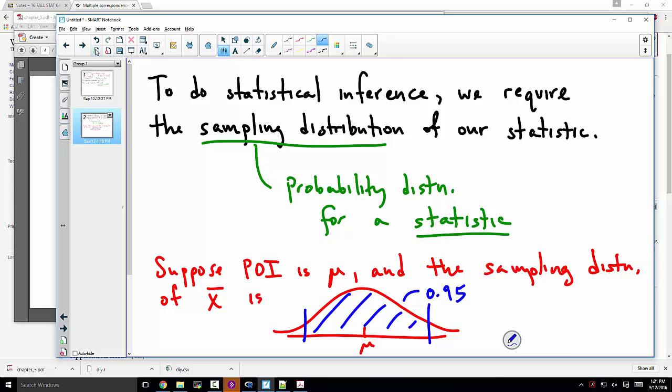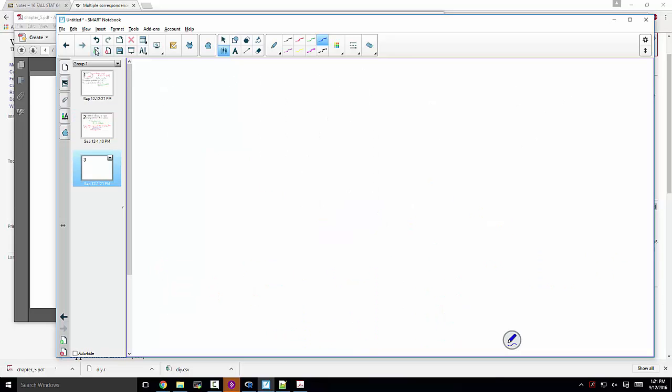So if there was a way for us to simulate an X bar. Here's one X bar that I simulated by essentially simulating a sample from a population like ours, and then recomputing X bar. Here's another X bar, and suppose we did this lots of times, 1,000 times or something.